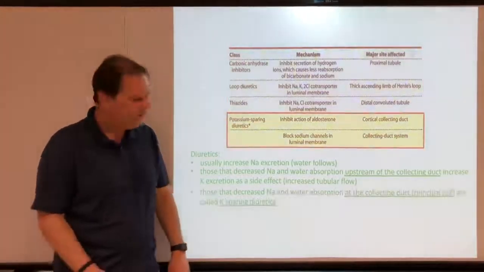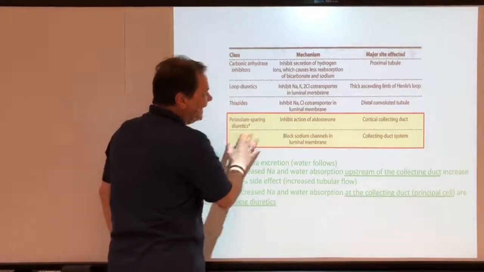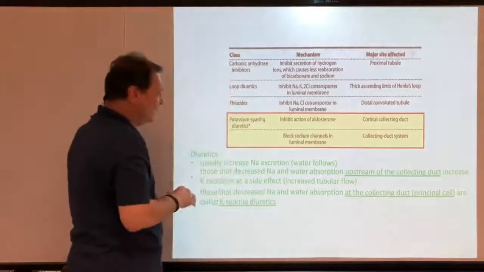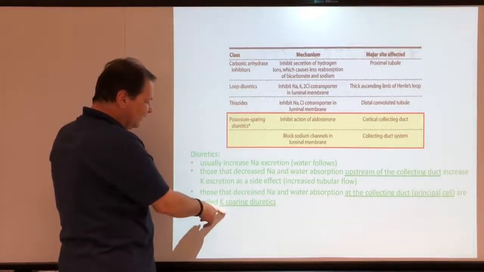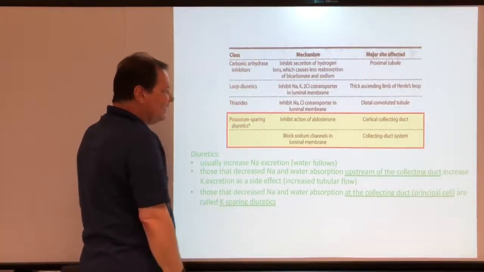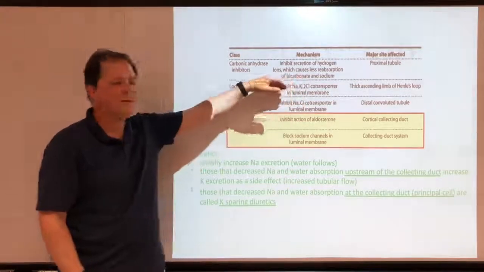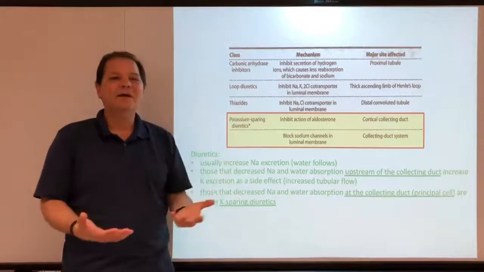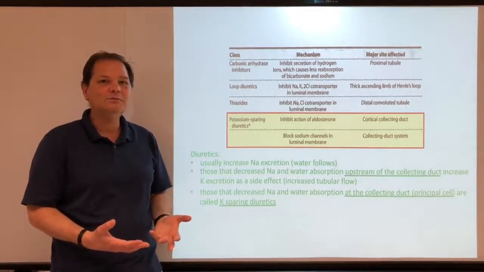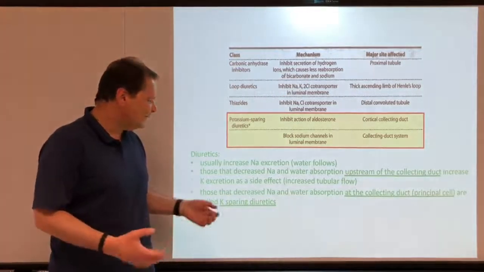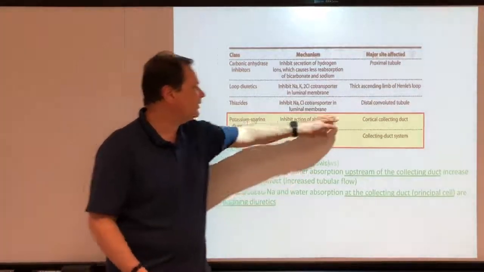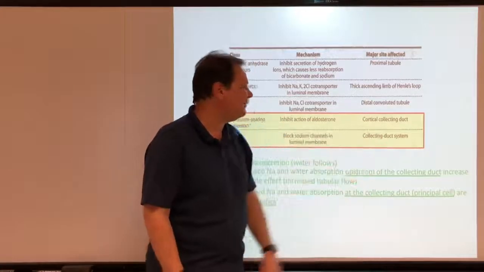On the other hand, diuretics that act at the cortical collecting duct, at this distal nephron, okay? These are called potassium-sparing diuretics because upstream of this distal nephron area, you aren't causing this big increase in flow. So you aren't causing extra potassium to be secreted when your diuretic is actually acting at the collecting duct.